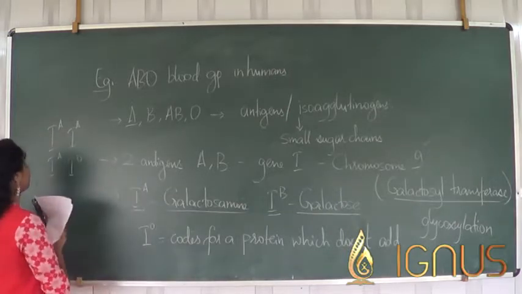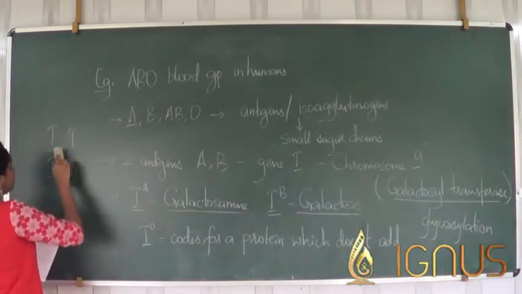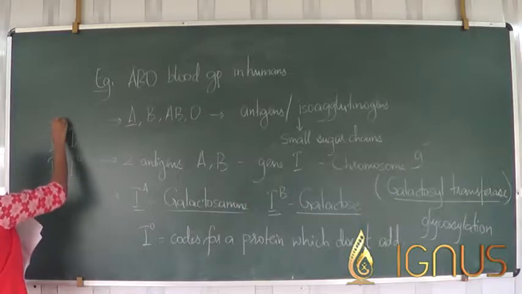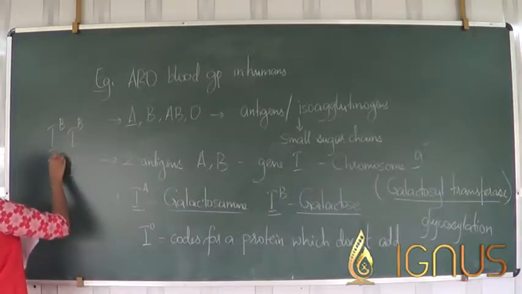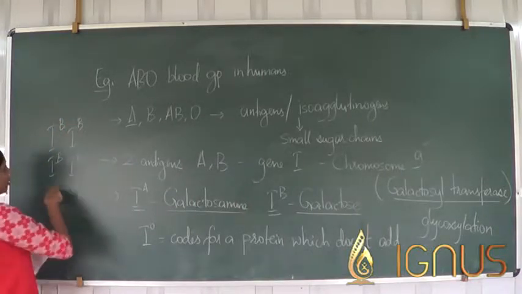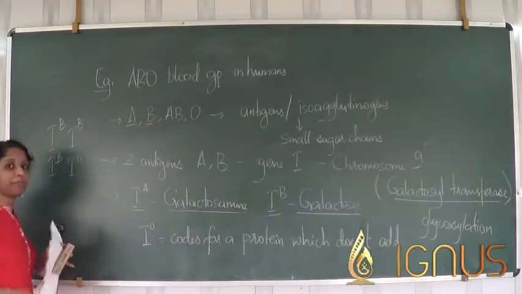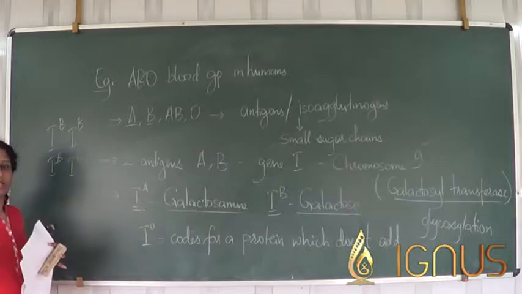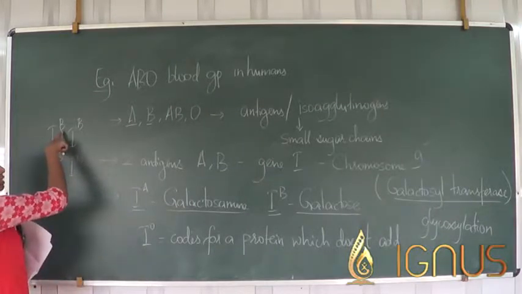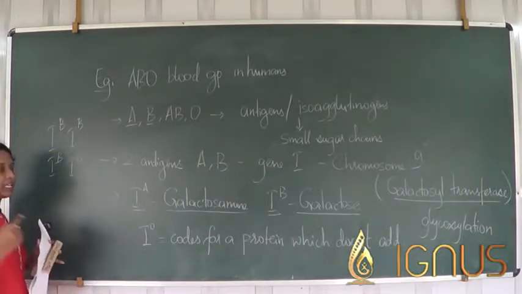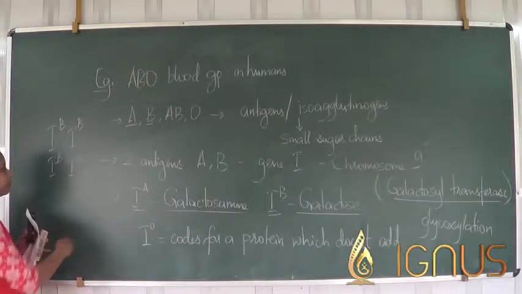Now, if this changes to B, so if you have IB, IB or IB, IO, then the person is going to have blood group B. This is again classical Mendelian genetics where the dominant gene is going to get expressed over the recessive gene.